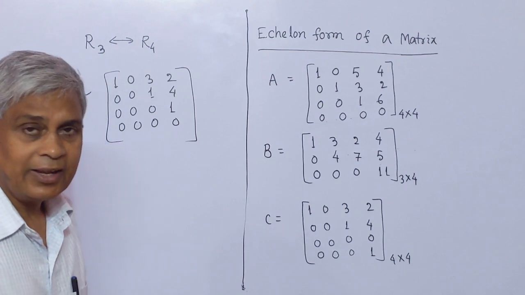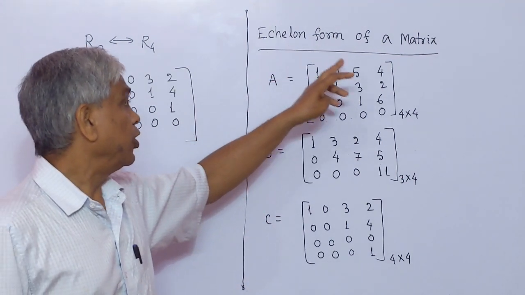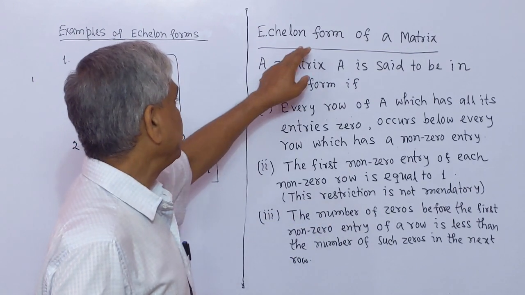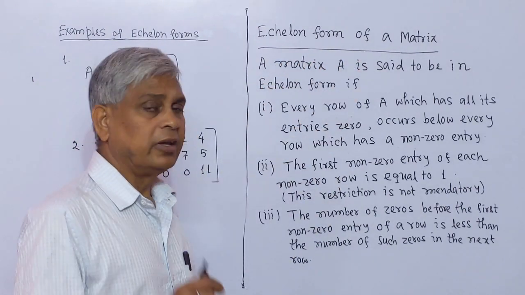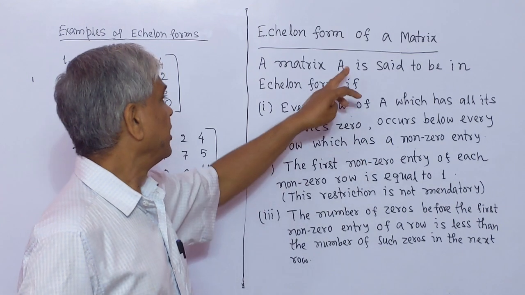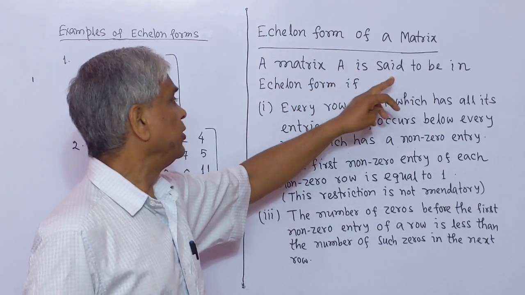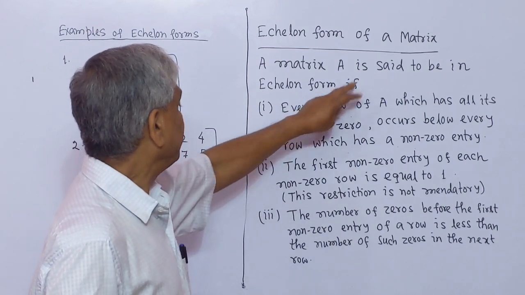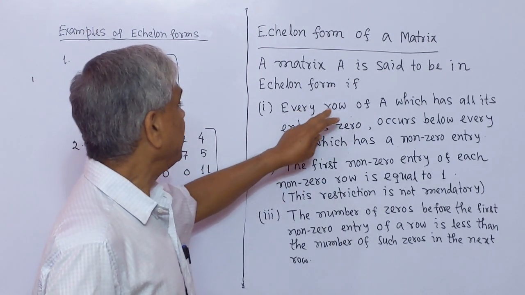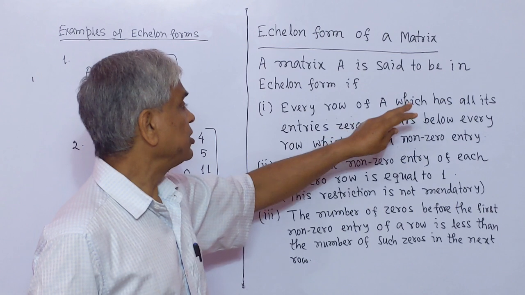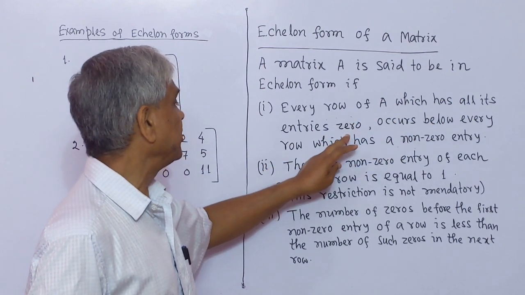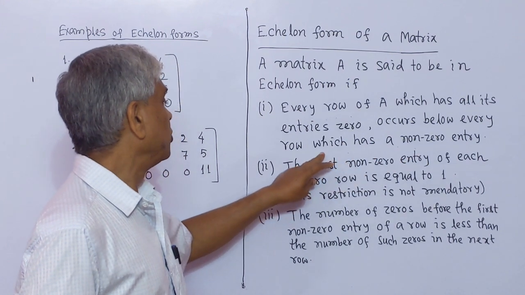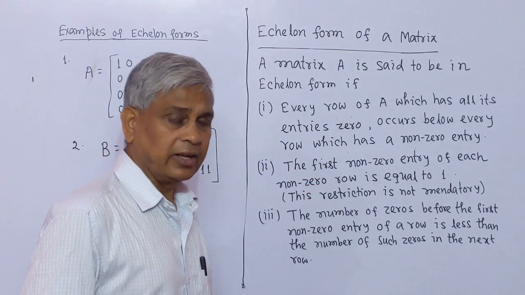Now we define the echelon form of a matrix. Definition of echelon form of a matrix. A matrix A is said to be in echelon form if: number 1, every row of A which has all its entries 0 occurs below every row which has a non-zero entry.